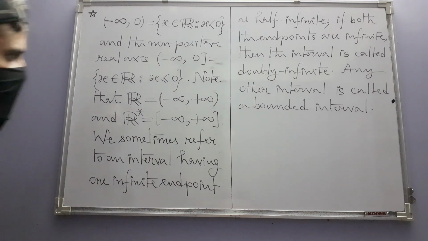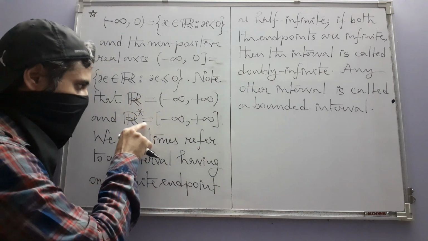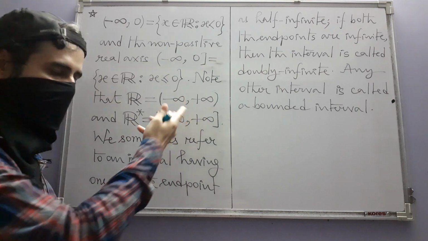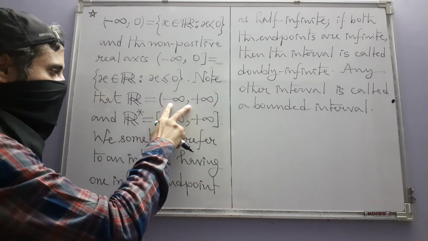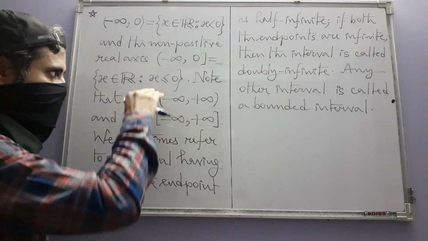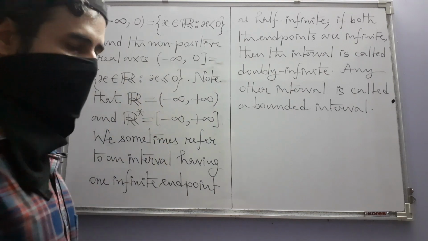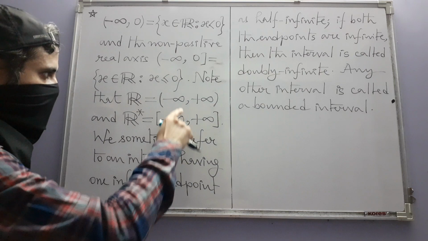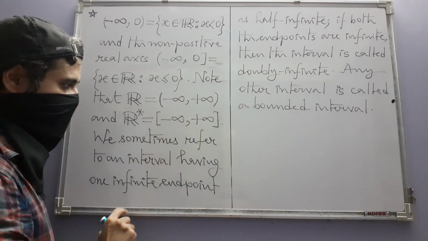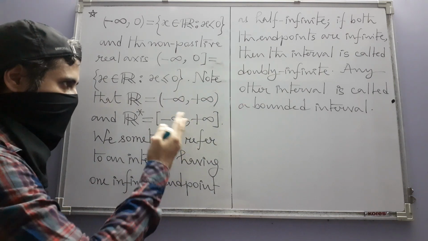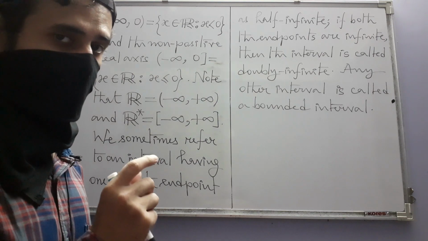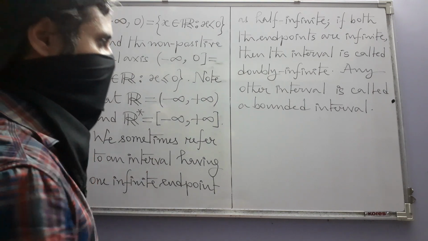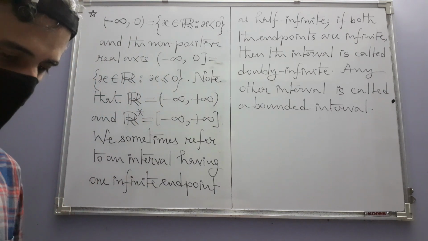So for example, these two intervals, these are after all themselves intervals, right? They are doubly infinite, and the four axes that we mentioned previously are half infinite, whereas that 2, 3 or any such other interval is a bounded interval.